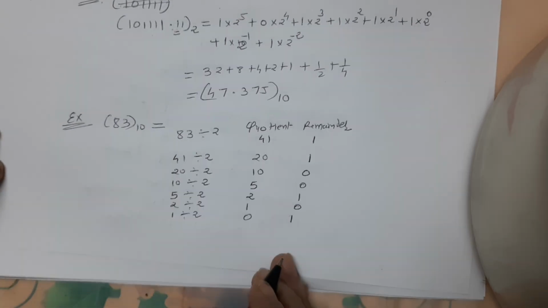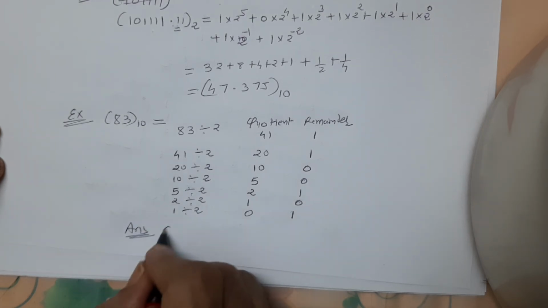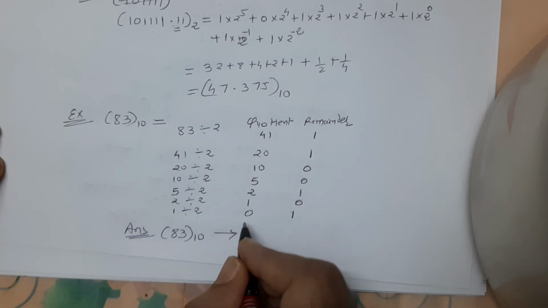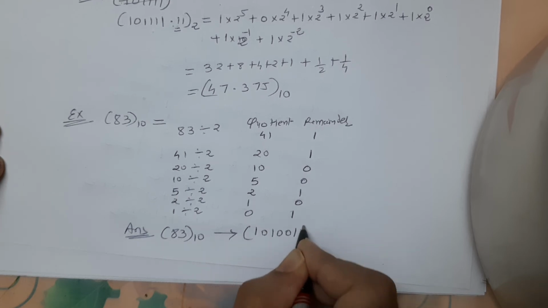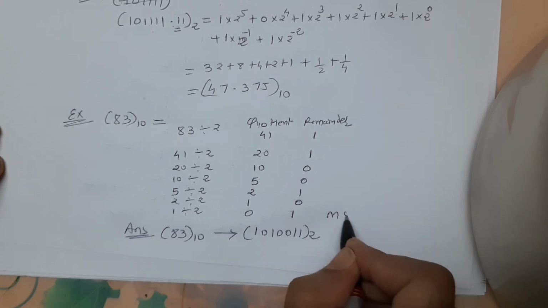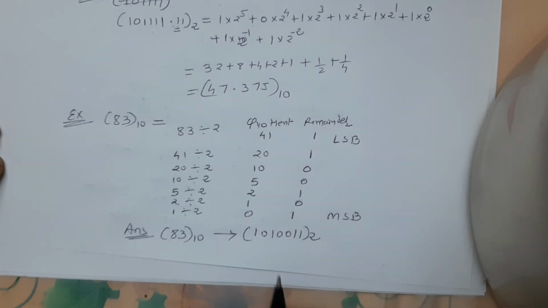So the answer is 83 decimal. It is converted into binary in this form, 10100011. That means this is your MSB and this is your LSB.